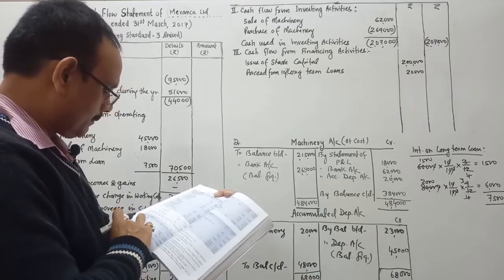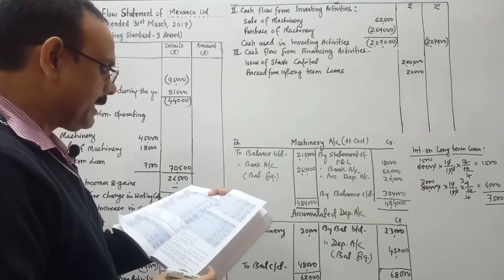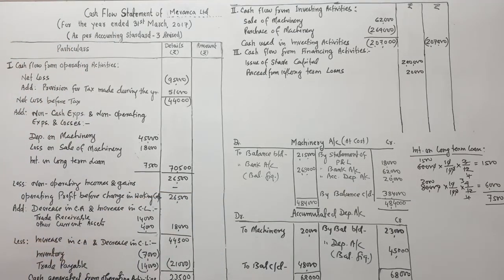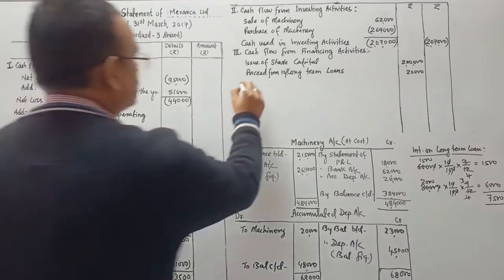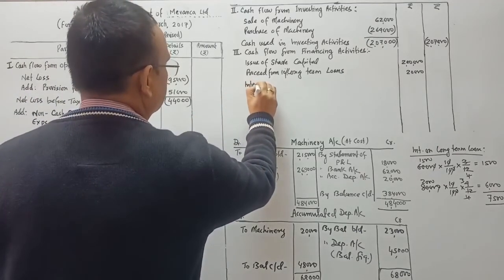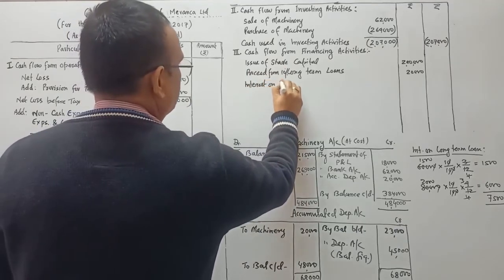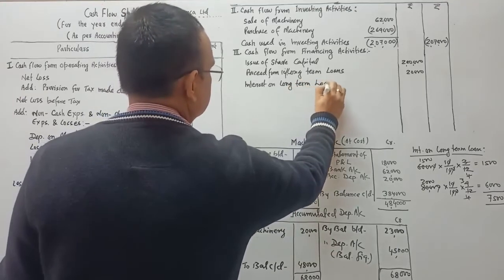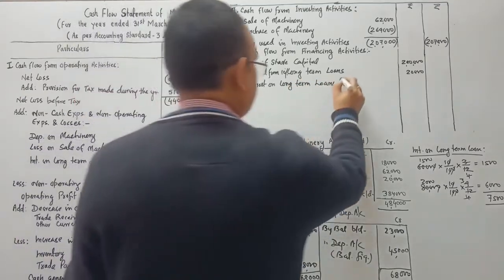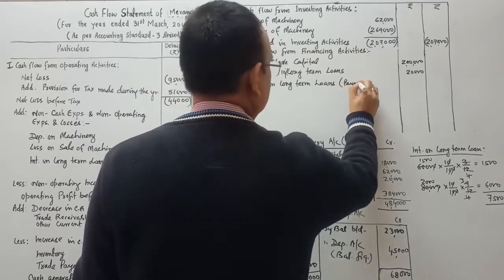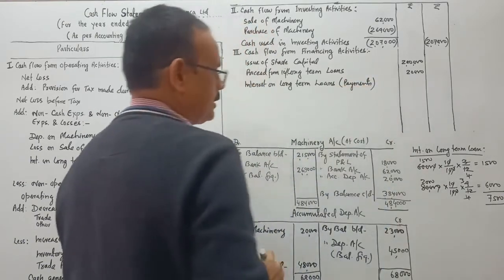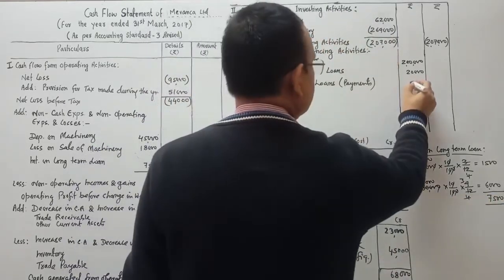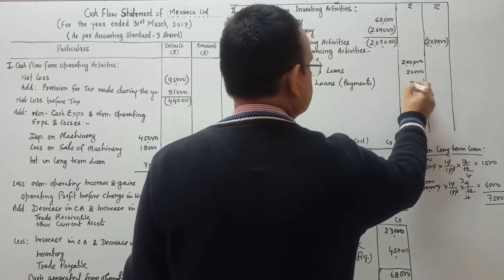Thereafter you see, is there any information related to the cash flow from financing activities? Interest on long-term loans. This is what? Payment of interest on long-term loans. It is payments. How much is it? 7,500. We have already calculated 7,500. When we make the payment, it's an outflow.